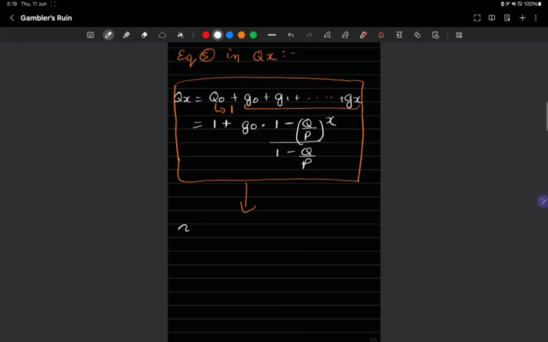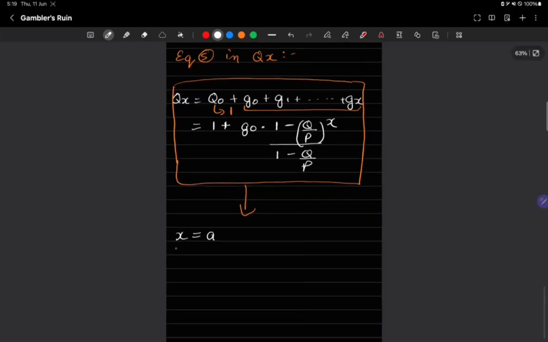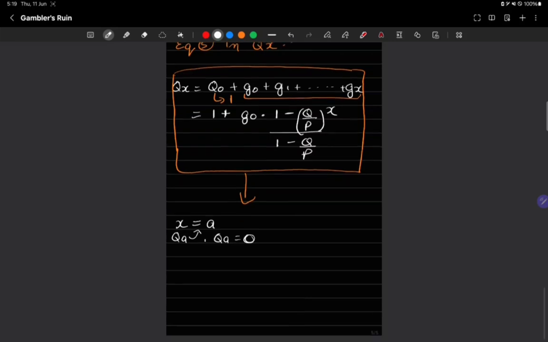Let's take x's value as a, so that will make it q(a), and we know that q(a) is equal to 0.